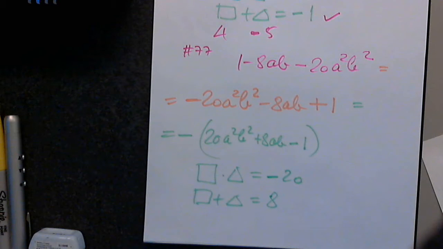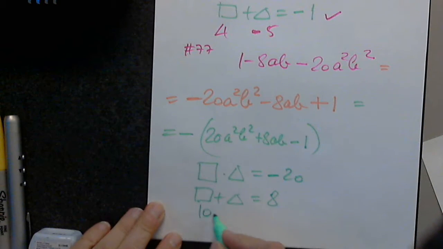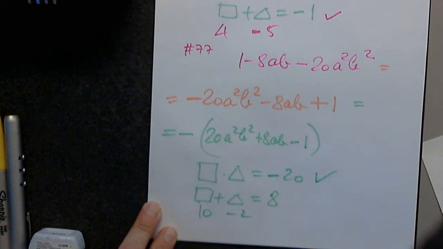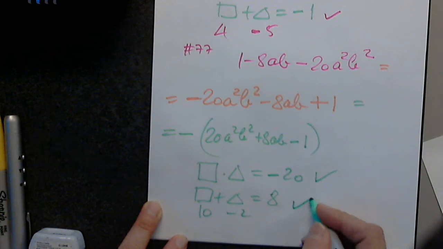Therefore, one number has to be positive and one number has to be negative. So, would it be negative 2 and positive 10? 10 and negative 2. Both conditions are fulfilled? Yes. The product is negative 20 and the sum is positive 8.